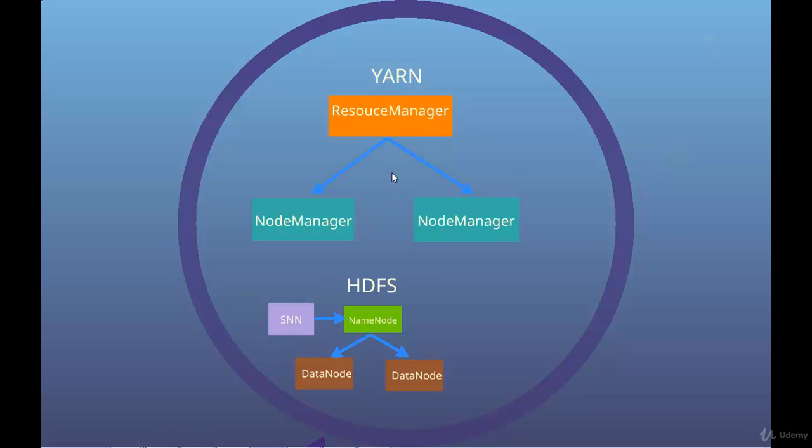And YARN comprises what? Resource manager and node managers. And these are the 5 daemons that exist in Hadoop. For Hadoop to work in cluster mode, whether it could be full cluster or pseudo cluster, it needs to be having all these daemons running on the machine.